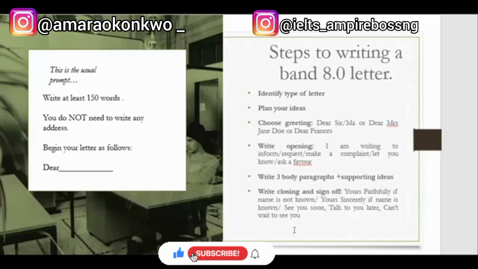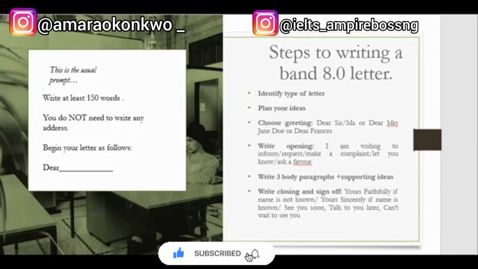If it's your friend, you can tell them that you can't wait. For instance, you're writing to plan a holiday with them, you can't wait to go on this trip with them. You hope to see them soon. Or it can be appreciation, depending on the reason for the letter.